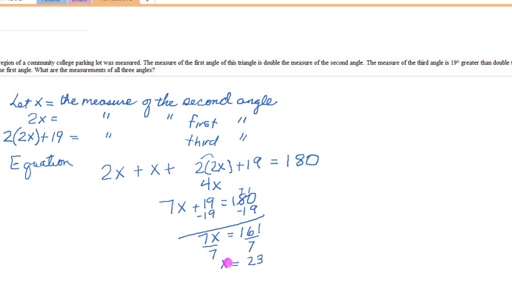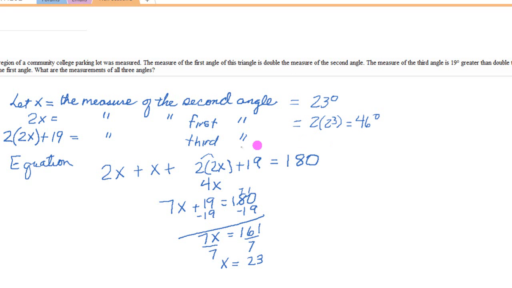So what have you found? Well, we found the measure of angle number 2 because that was x. So this angle has a measure of 23 degrees. And then the first angle is double that. Remember, it said double the measure. So this first angle is 2 times 23, or 46 degrees.